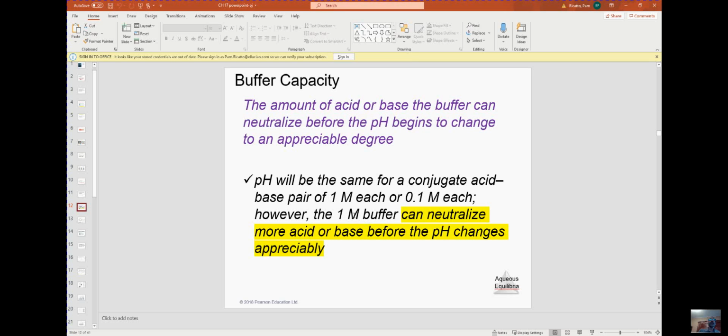The difference is the 1 molar solution has a lot more soldiers, so it'll have a much higher buffering capacity. You can neutralize more acid or base before the pH changes appreciably. Kind of makes sense, right? You've got that many more HAs and A minuses available to neutralize strong acids or strong bases that come in.